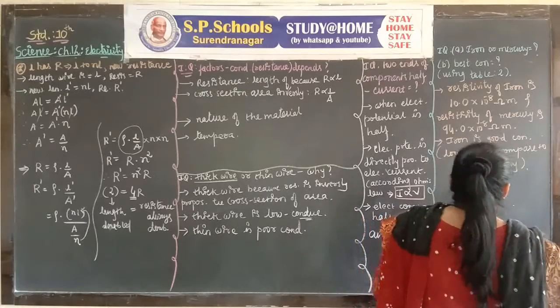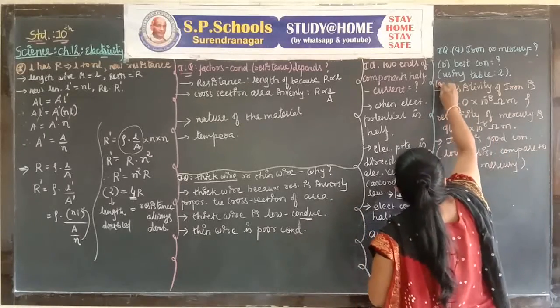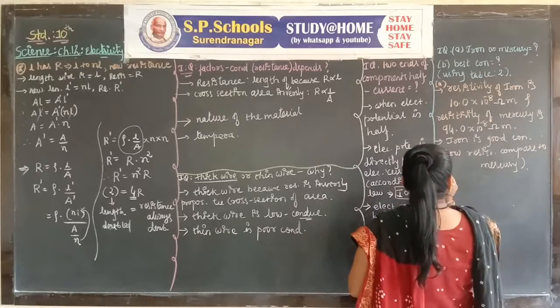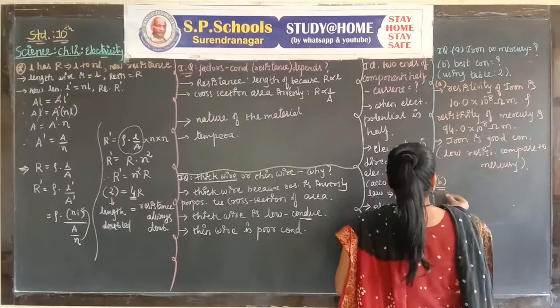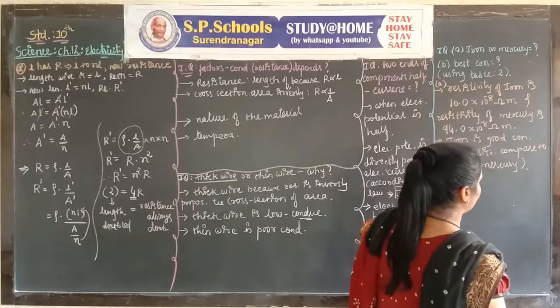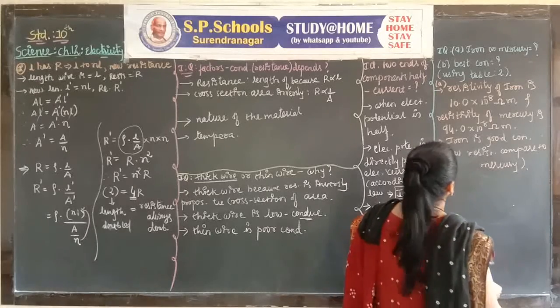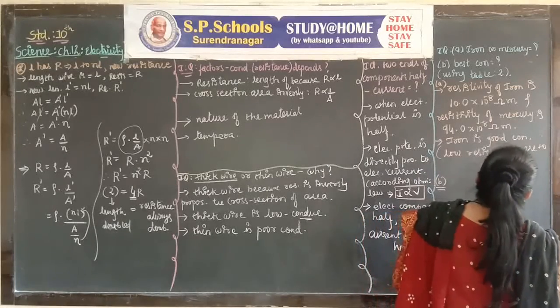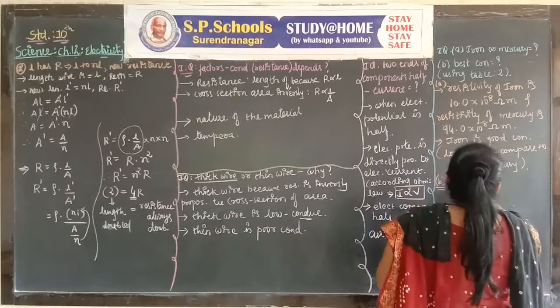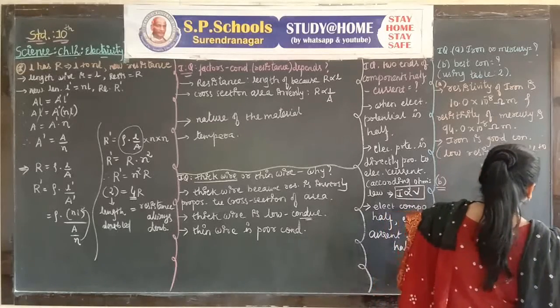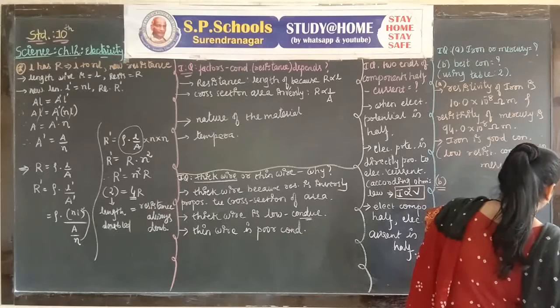Let's go through B. First we write A and B. In the information given in the table, what is the best conductor?